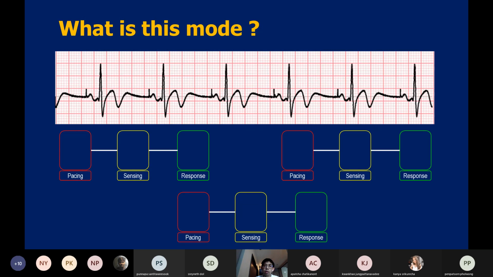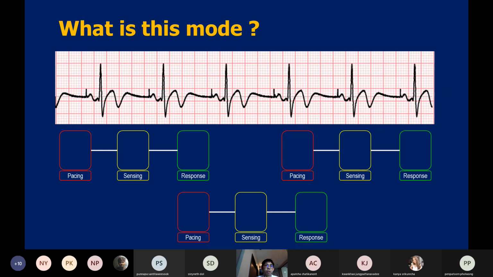There is no pace spike of the ventricle, so we assume that the pacemaker sees the intrinsic ventricular signal, and the response to sensing in this patient is not to pace, to inhibit. So the pacemaker inhibits the pacing of the ventricular channel. So the response is inhibit.